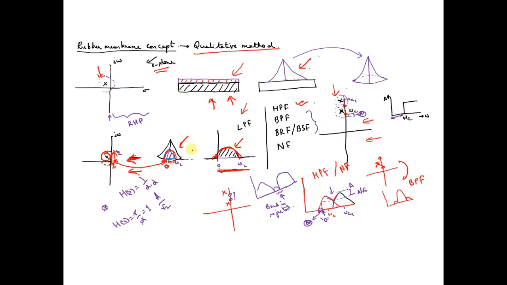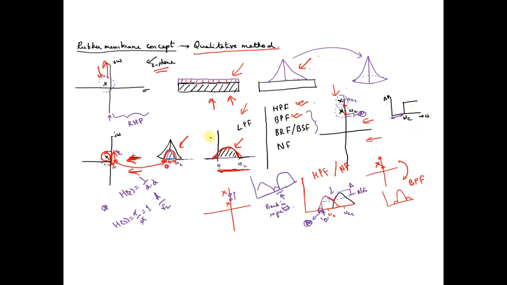You should place the pole somewhere towards infinity, and you will get the high pass filter. Then the band pass filter.